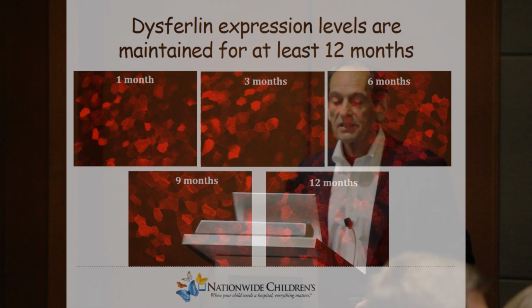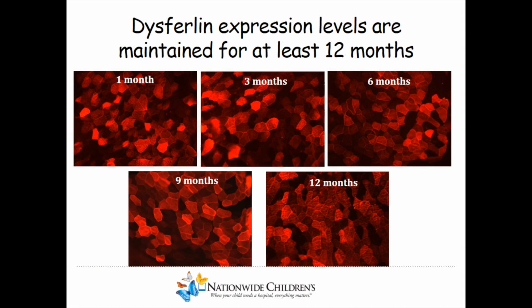And this is what it looks like when we express this and maintain it for a year in the mouse. This is the knockout mouse for the dysferlin gene, and we can show good expression at a month, 3 months, 6 months, 9 months, and 12 months, and that is extremely gratifying. And we've checked this as well in the monkey, and with non-human primates we can achieve similar things.